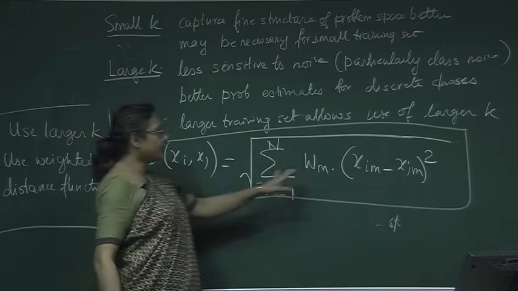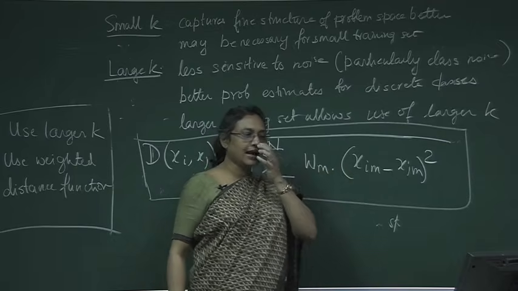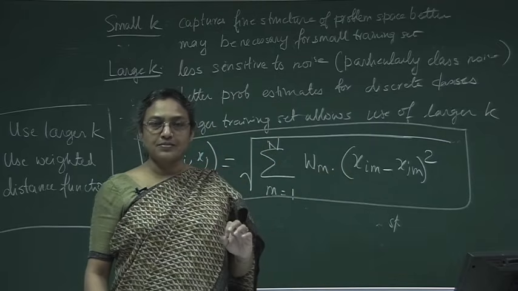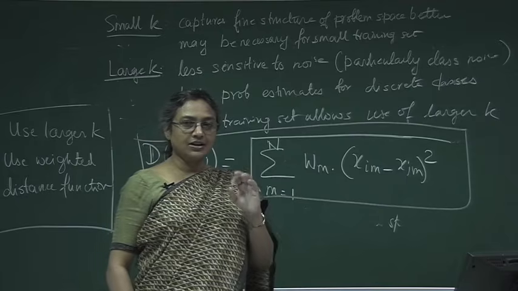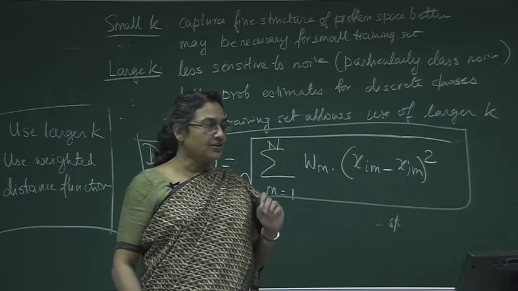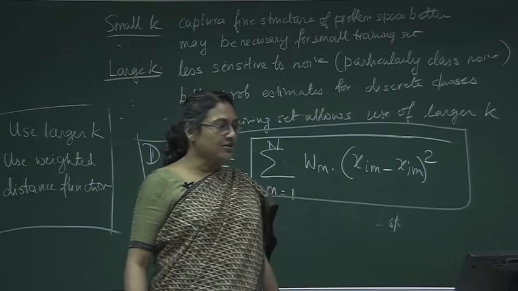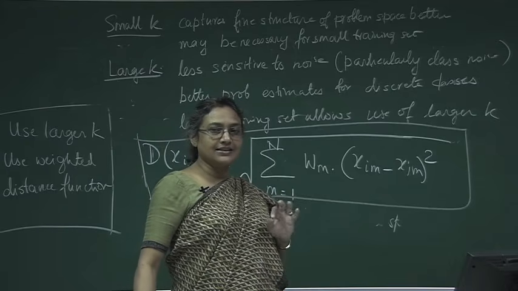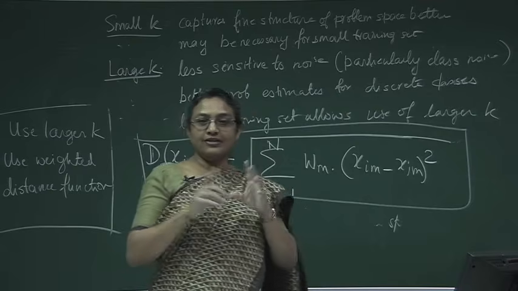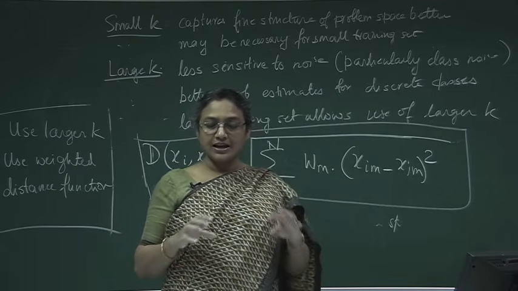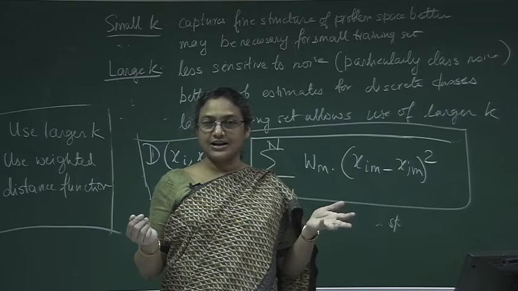We are using different weights for different attributes. For those attributes which are more important for the particular classification, we can use larger weights, and for less important attributes, we can use smaller weights. These weights can also be decided based on range: if an attribute has a larger range, we can use small weights; if it has a small range, we can use larger weights.